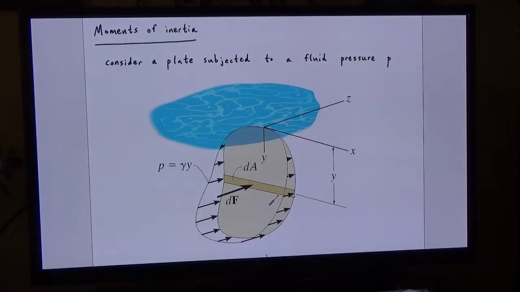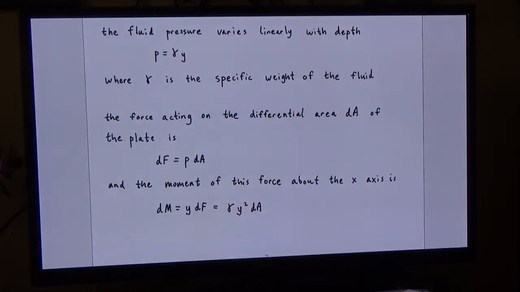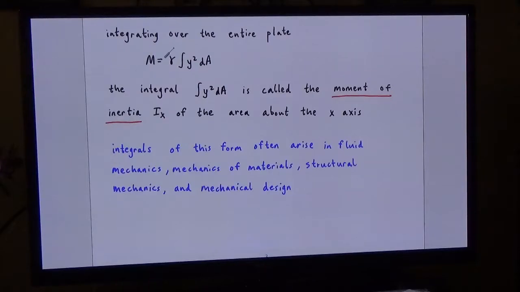If we wanted to find the total moment on the body, we would need to integrate that moment over the entire area. So taking the integral over the entire area, we can pull out the specific weight. It doesn't vary with depth or with the area at all. And we would be left with gamma times the integral of y squared dA.